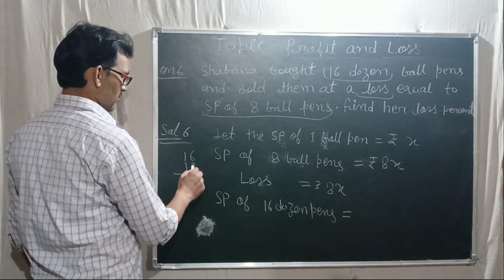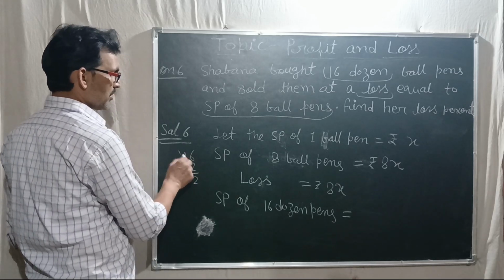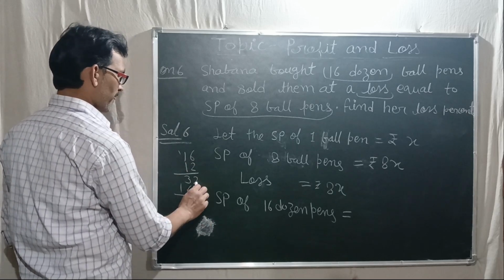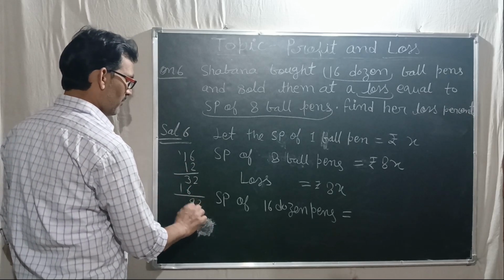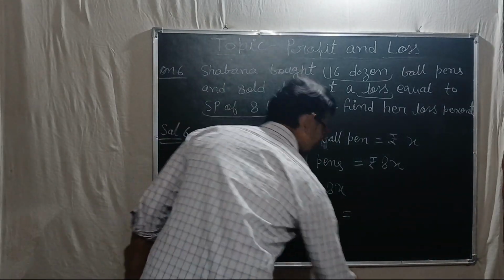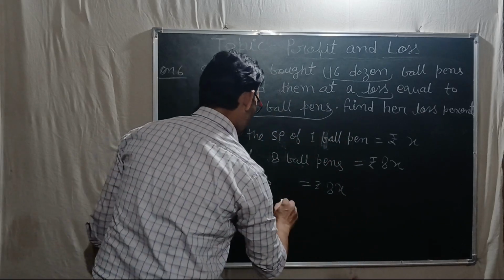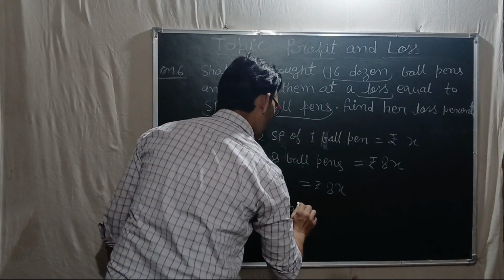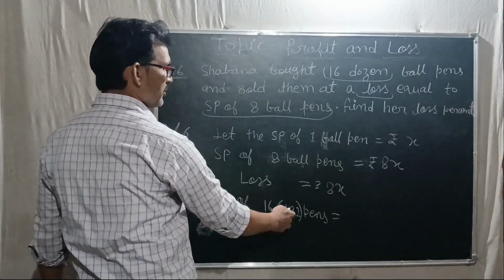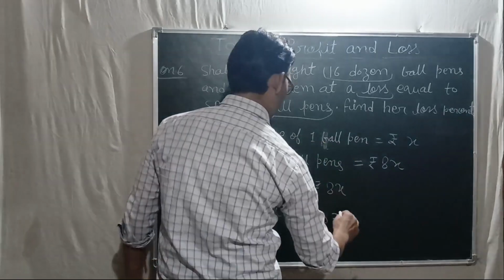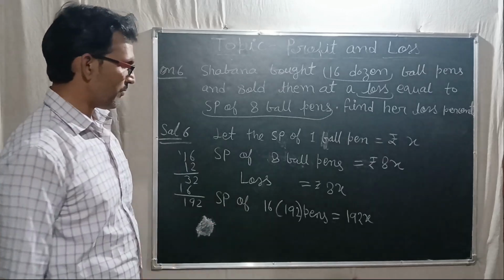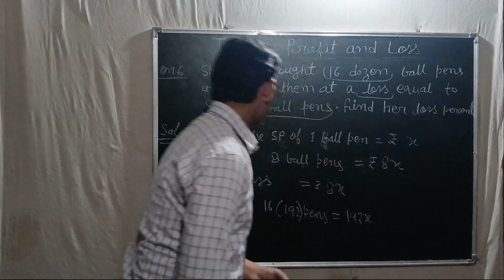So that is 192 pens. The SP of 192 pens equals 192 into X, that is 192x. This is the selling price of 16 dozen pens.